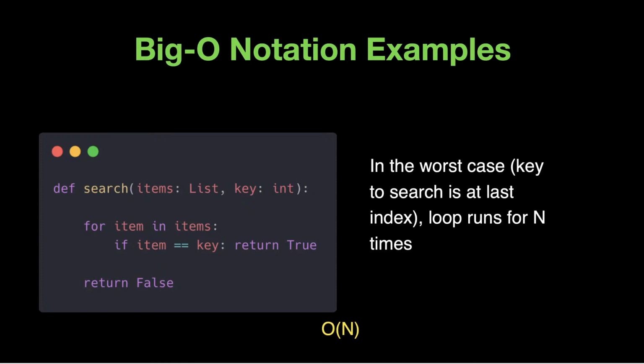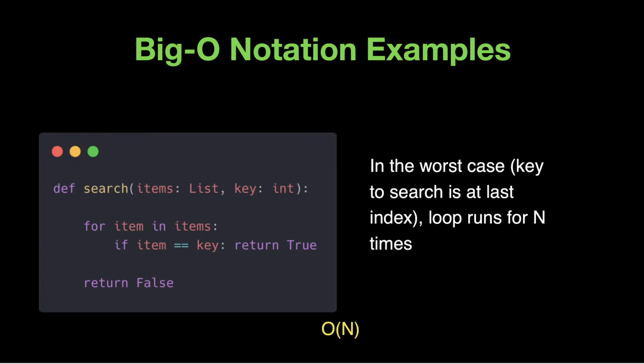Let us see another example. Here we can see a function named search, where we pass a list named items, and we traverse each and every item of that list, and if the item equals key, then we return true, otherwise we return false. The item we are searching for can lie at the beginning of the list, or it can lie at the end.